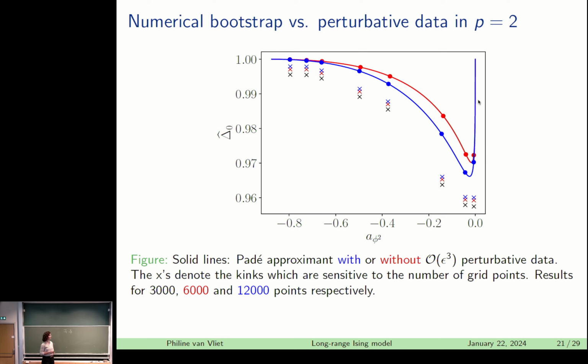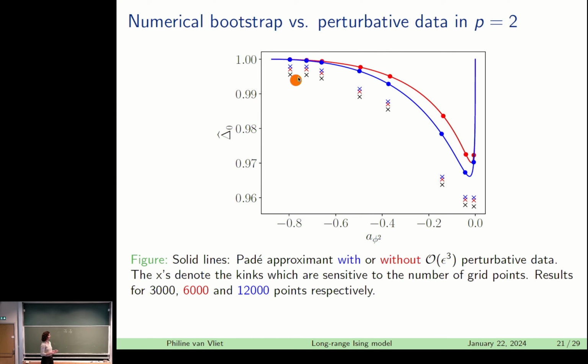Yeah, so what you can see is that this difference with including the order epsilon cubed data really shows up here and is much less important on the short range Ising end, as you would expect. I think the thing that we have used for the conformal perturbation theory is order delta, and it might indicate that going to higher orders in delta is actually important to match better to the numerics.